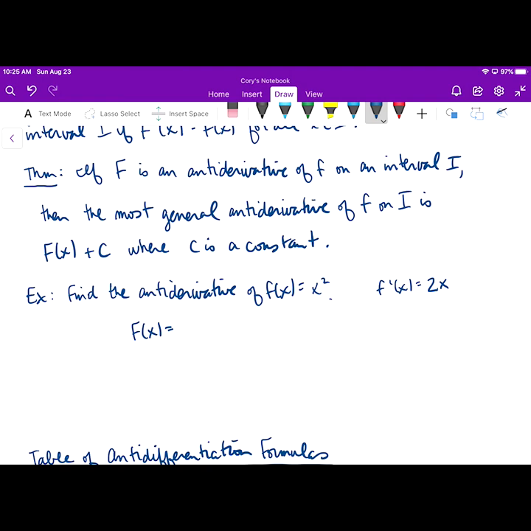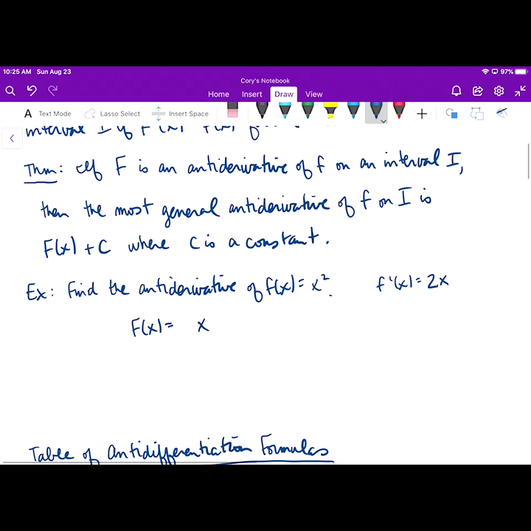Okay, well, I know that if I want to differentiate capital F to give me lowercase f, I know the degree of capital F has to be 3. Because if I use power rule to differentiate that, the derivative of x cubed is going to wind up becoming 3x squared. Well, if I want the derivative of capital F to become x squared, then what do I have to do to capital F?